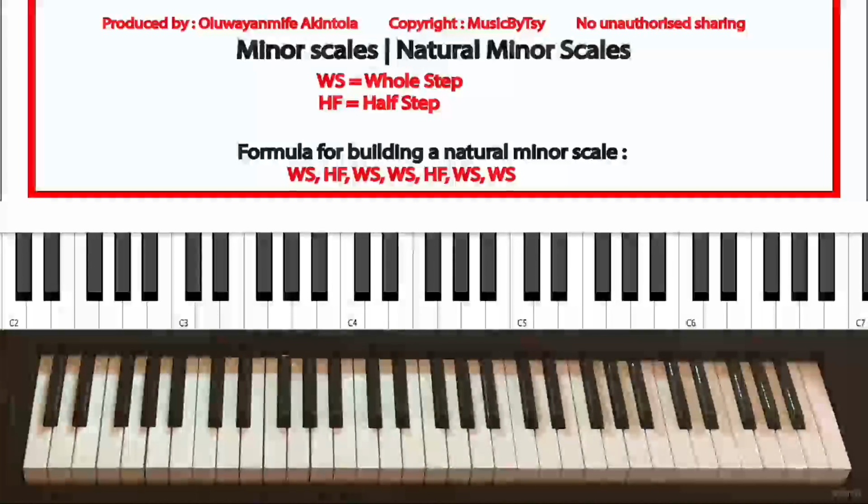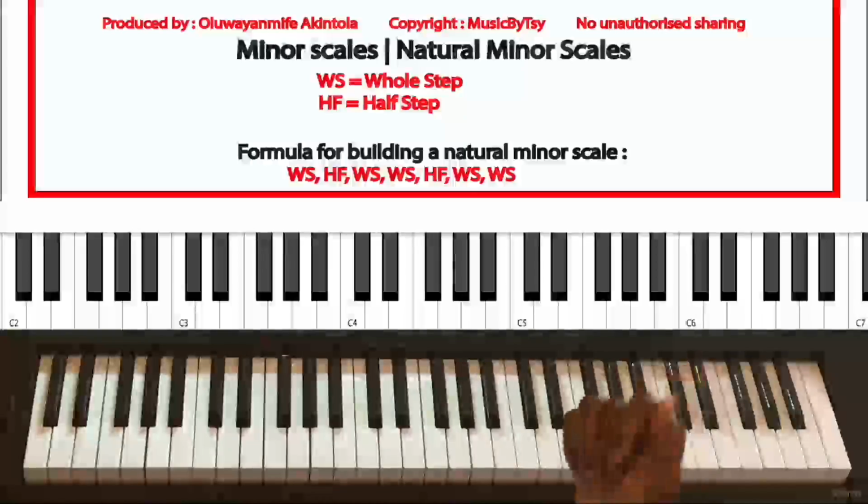The first method has to do with making use of the knowledge of the relativity between major scales and natural minor scales. The second method has to do with using the formula. I'm going to teach you both methods. So yeah, let's start. Let me teach the first method first.